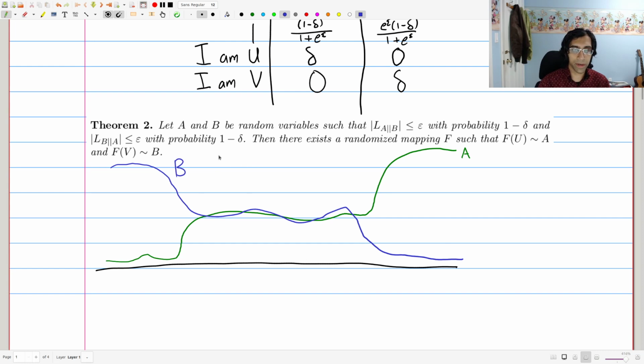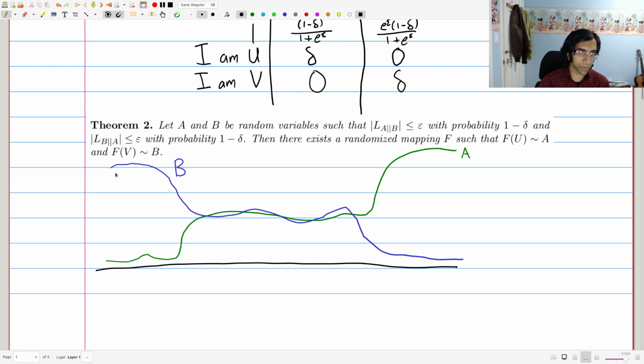So now, how would we prove this theorem? Well, what would this function do? This function would map the different outcomes to different ranges, to different subsets of the domain here. For example, if you want f of u to really be, we can partition this into 4 different sets.